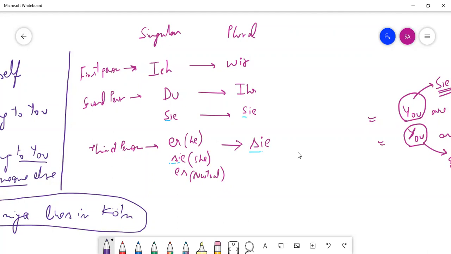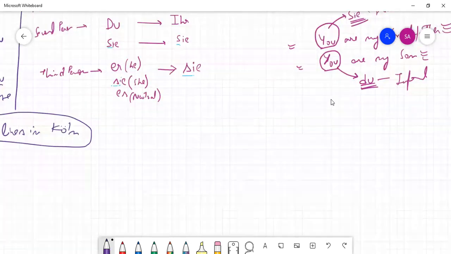So the sentence would be Amir lives in Cologne und sie is an IT professional. So I'm trying to use third person singular as in masculine. It should be er. Yeah, it will be er. It's a good point. Let's take up this point only.